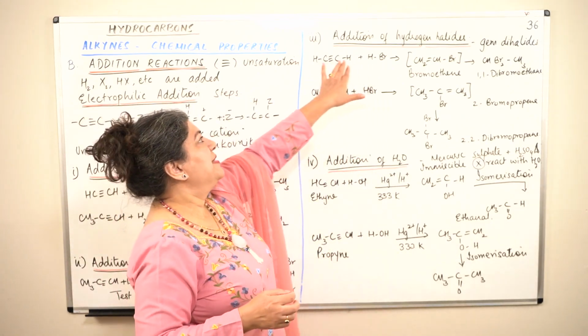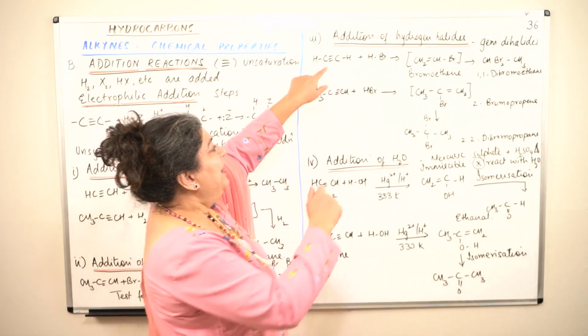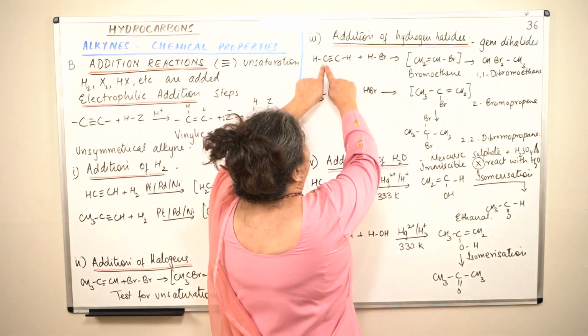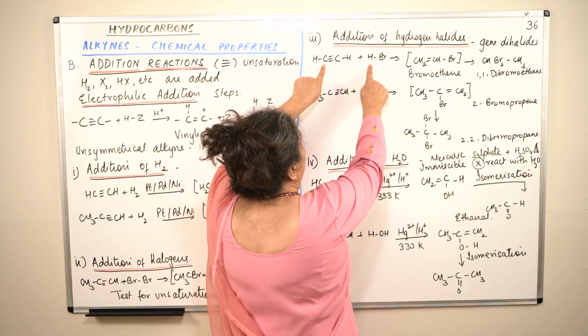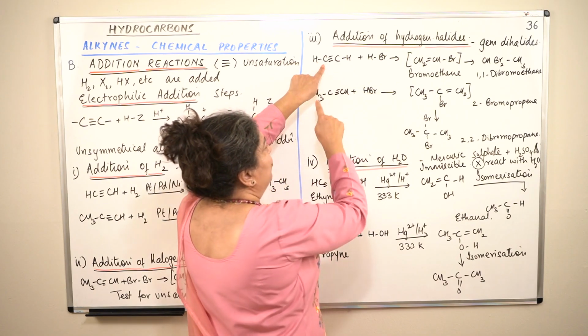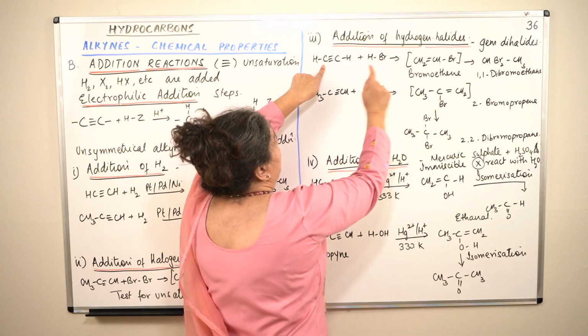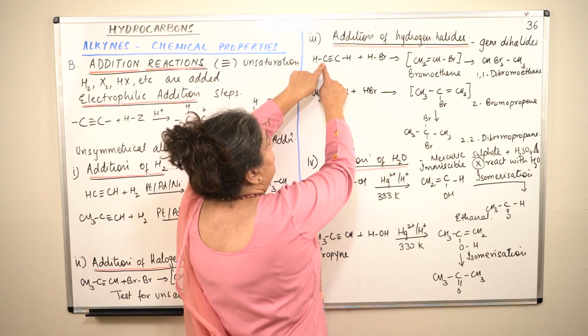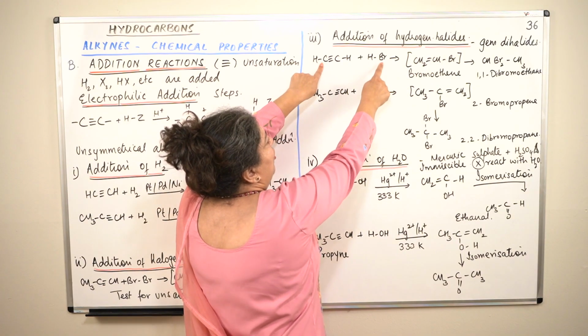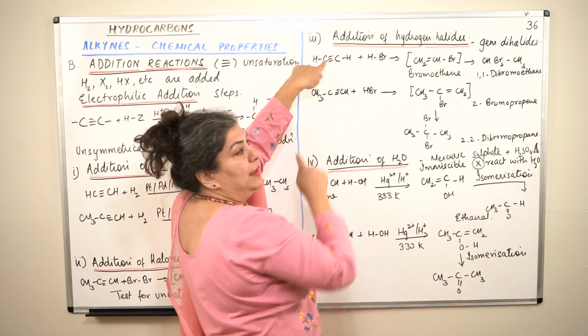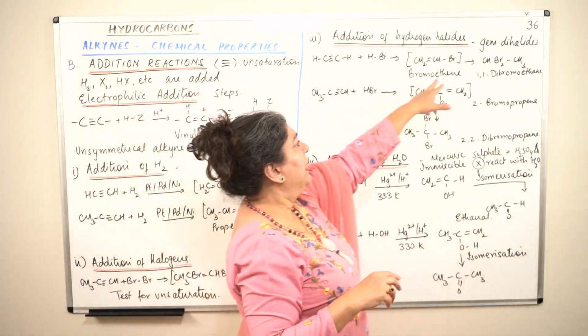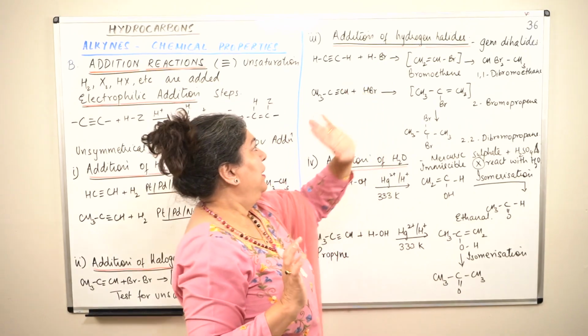When HBr is added to ethyne, we find in the first step the H is positive, so the positive part will come and attach itself to one of the carbons, the pi bond will break and a double bond remains between them. Hydrogen comes and adds on here, and obviously bromine will add on to the other carbon. So you will get bromoethene in the first step.